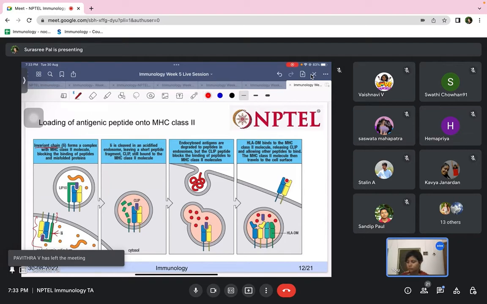Now this will be cleaved off from the endoplasmic reticulum, and it will travel in a vesicle, from the endoplasmic reticulum to the Golgi to finally the endosomal pathway, right?